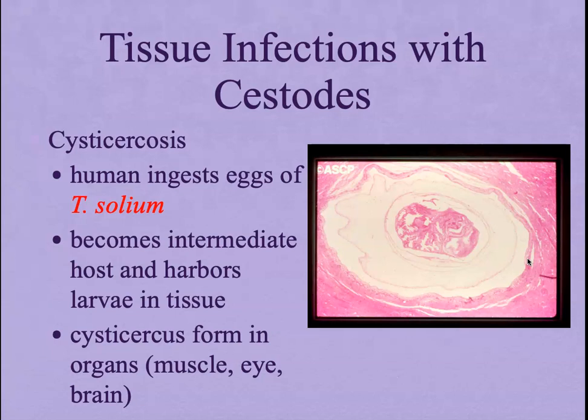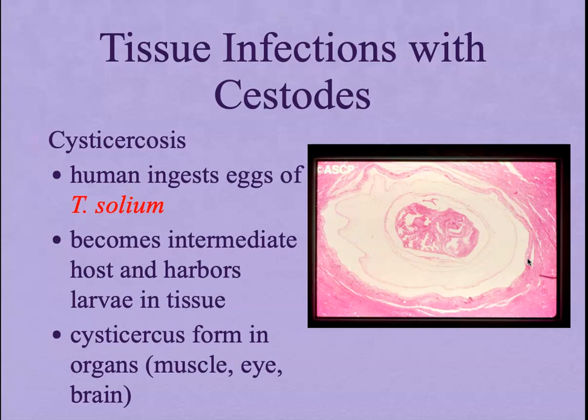Now, if you'll recall from the Taenia lecture, how do we normally get infected with the Taenias? We normally get infected by ingesting Cysticercus larvae in undercooked beef, if it's saginata, or pork, if it's Taenia solium. So this is different. This is when humans accidentally ingest the egg.